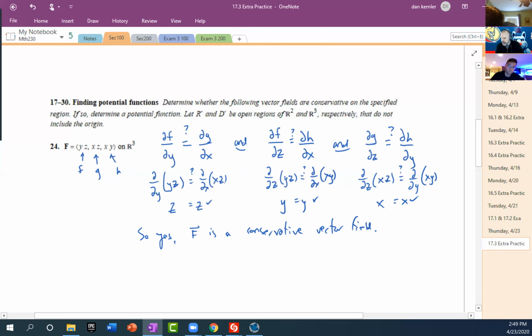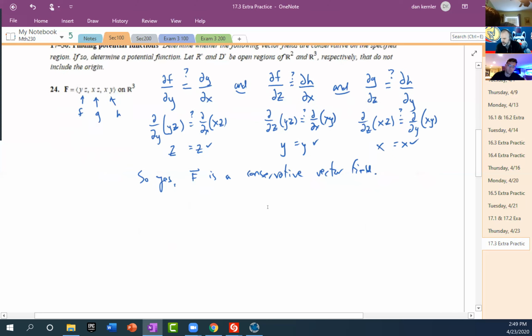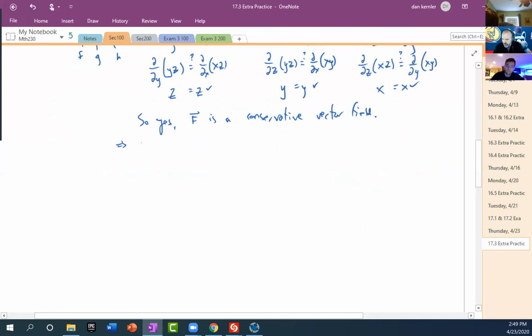What this means is there is some function phi of x, y, and z, and yes, phi was already used as in spherical coordinates. Sorry, they ran out of letters. I don't know, it's standard notation. So there's some function phi of x, y, and z, so that our field F is actually the gradient of that phi function.